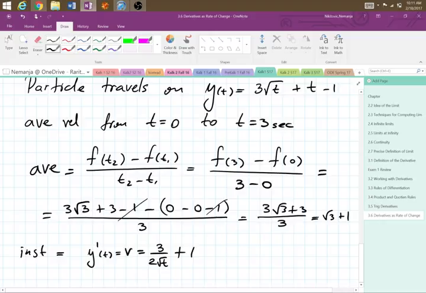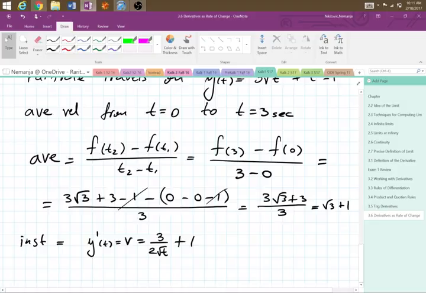So now, what's the velocity at 3 seconds? It will be 3 over 2 root 3 plus 1, which is 3 root 3 over 6 plus 1. That's exact already.